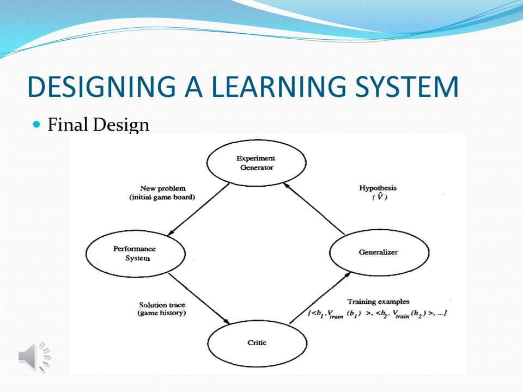It takes the current hypothesis as input and gives a new problem, a new board state as output, which is to be again input to the performance system module. The role of the experiment generator is to pick new practice problems that will maximize the learning rate of the overall system.